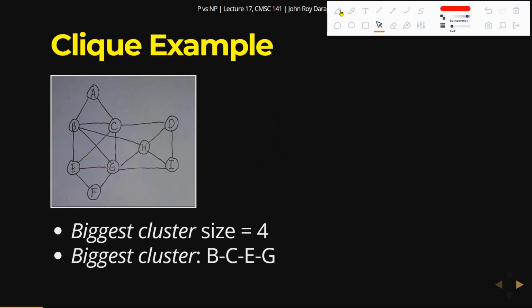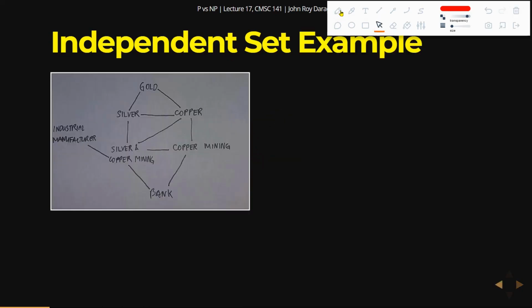And then for Carol, who works in finance, she had the independent set problem. Given these things that they could invest in, they don't want to invest in two things that are more or less similar, right? Because if one of them fails, then the other one will also be affected. So they don't want to put all their eggs in one basket. They wanted to diversify, but they also wanted to invest in as many things as possible.